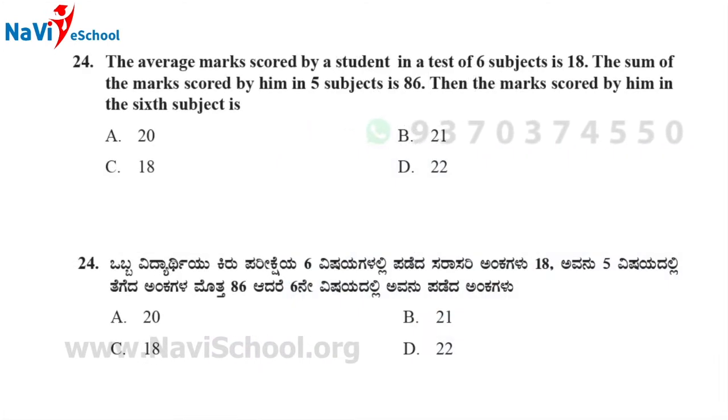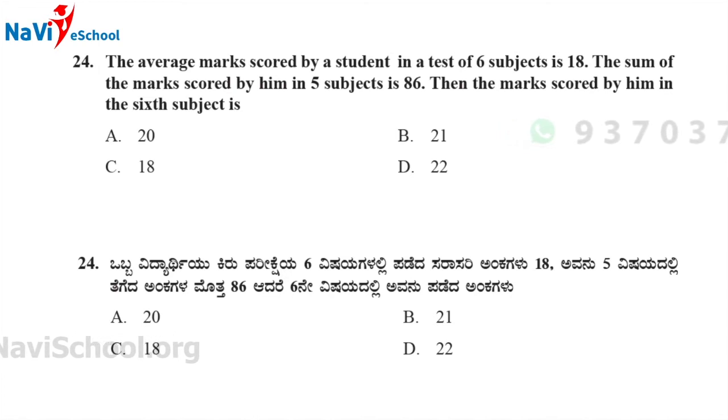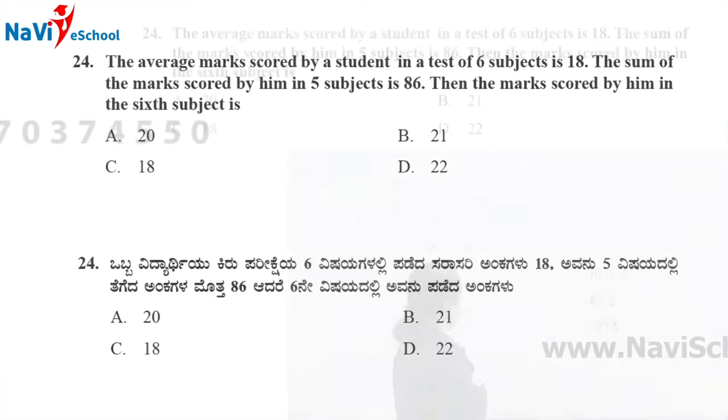Question number 24. The average marks scored by a student in a test of 6 subjects is 18. The sum of the marks scored by him in 5 subjects is 86. Then the marks scored by him in the 6th subject is option A 20, option B 21, option C 18, option D 22.